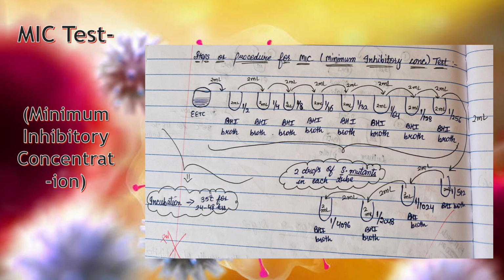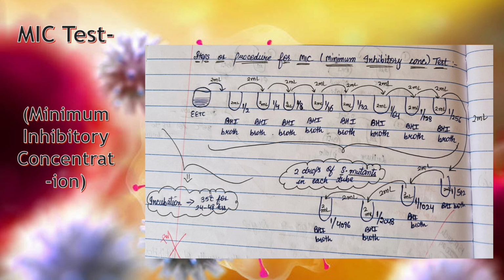In order to perform this method, we took 12 sterilized screw cap tubes, and out of the 12 tubes, we used one tube for 2 ml of double strength BHI broth, whereas in the rest of the 11 tubes we put the single strength BHI broth.